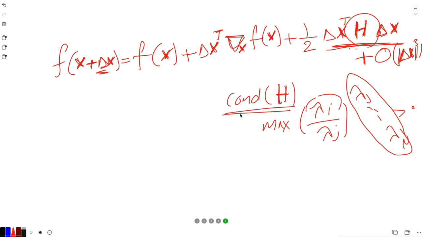When we have a bad condition number, the adaptation rate will be very slow. When we have a good, small condition number, the adaptation rate can be very fast. The distribution of the eigenvalues can also be used to specify the optimum learning rate eta. Maybe there is no need to go into more detail about the analysis here.